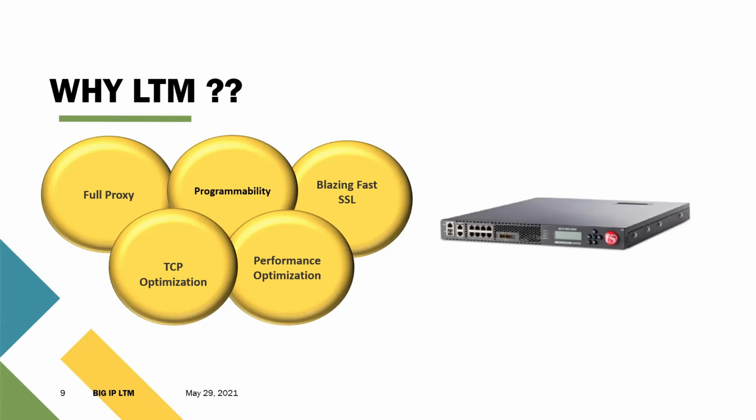When it passes through your box, it gives you the ability and flexibility to program that traffic according to your need. There are a lot of things which you can do. There's a term called iRule. You can create a program, a script, where you can specify what you want to do with that traffic.